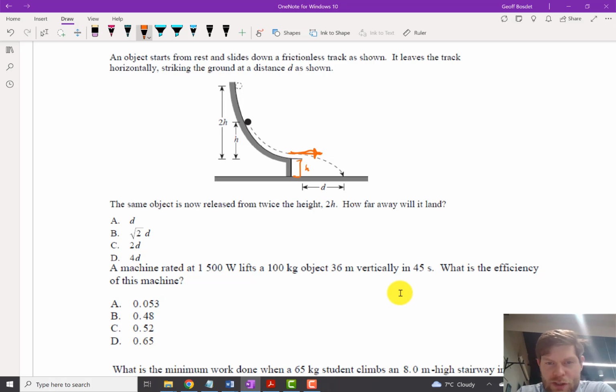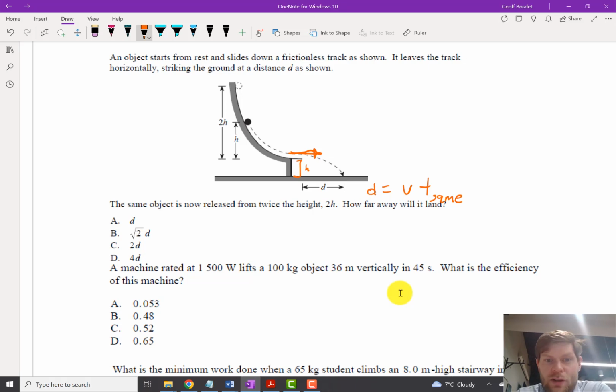If we change the height, it's going to change the speed, but it won't change the amount of time it's in the air. So our distance is equal to velocity times time, but that time is staying the same. So whatever we do to the velocity, we'll also do to the distance it goes. If we double the velocity, we'll double the distance. Anyway, time is the same because something launched horizontally will hit the ground at exactly the same rate as something just dropped.